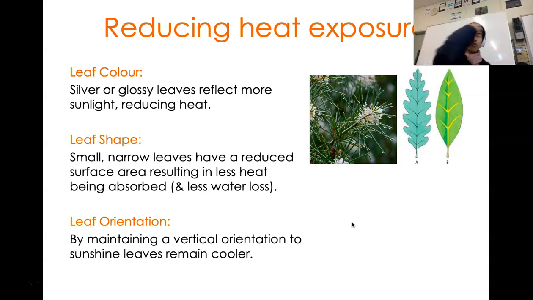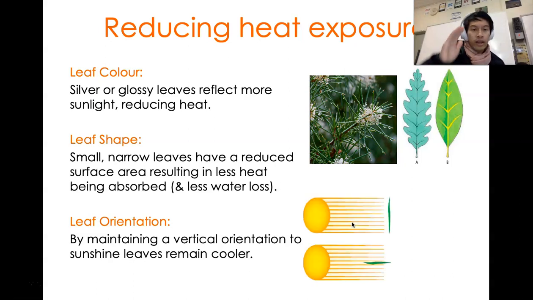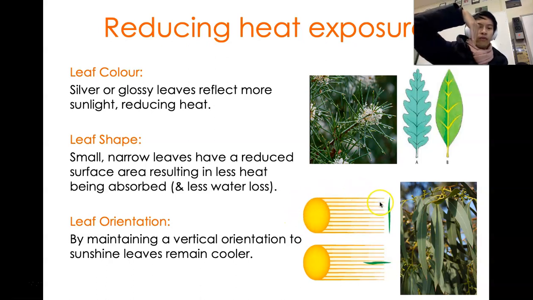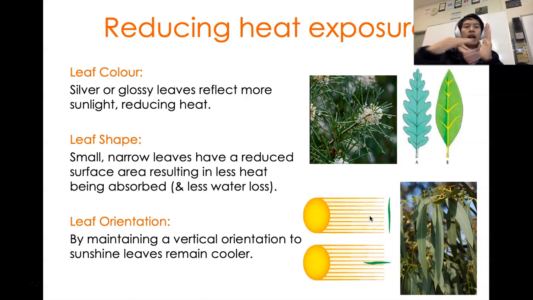And then also, one of the things you will notice about Australian plants, and particularly eucalyptus plants, is that the orientation of leaves actually sits vertically. And there's a very good reason for that. Eucalyptus leaves dangle vertically, because during the early morning and the late afternoon, that vertical leaf will be directly facing the sunlight, and that allows it to photosynthesize in the morning and the evenings.